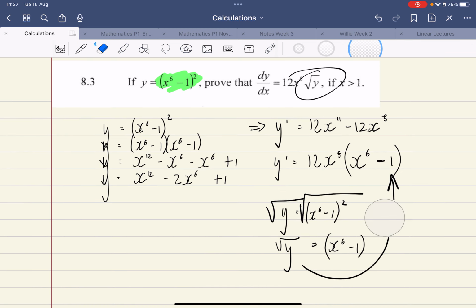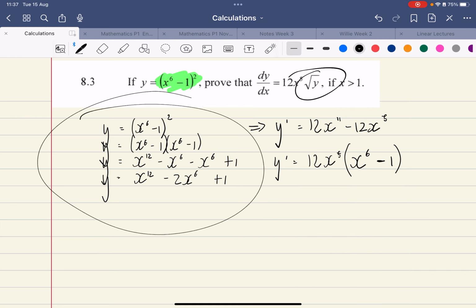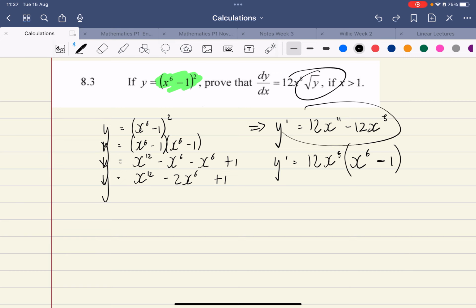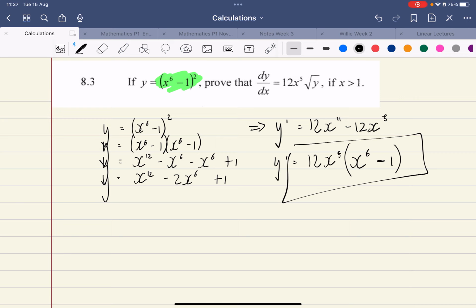So to reiterate, I didn't know we had to do that. I found the derivative. I looked for common factors because we know to use common factors. It's one of the tools we've used. And I noticed that I also have a 12x to the power of 5, and their answer contains a 12x to the power of 5. So I first pulled out that common factor. I was now left with this. Not quite their answer, but very similar to what y used to be, and that couldn't be a coincidence.